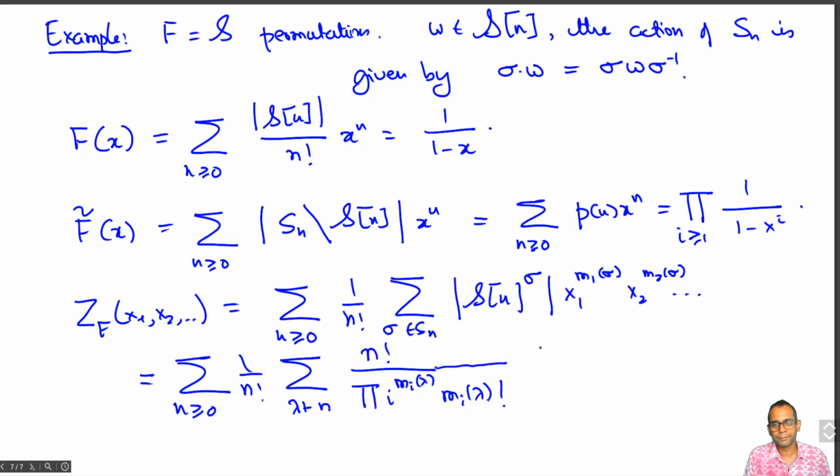And then we have x1 raised to m1 of lambda, x2 raised to m2 of lambda, and so on. But the number of fixed points is also, let's see, this is just the number of elements with cycle type lambda, but the number of fixed points is again the centralizer. So it's the product of i raised to mi of lambda, times mi of lambda factorial.